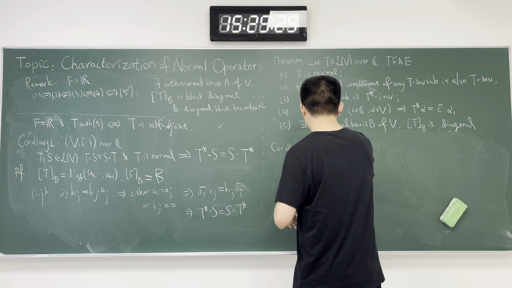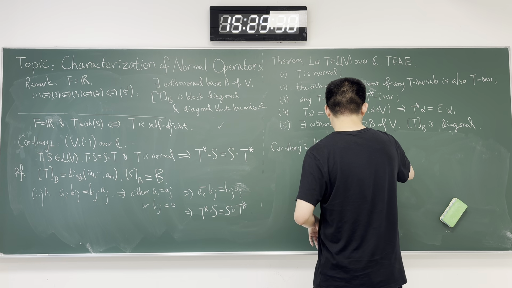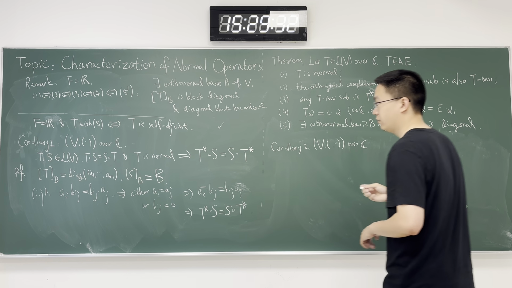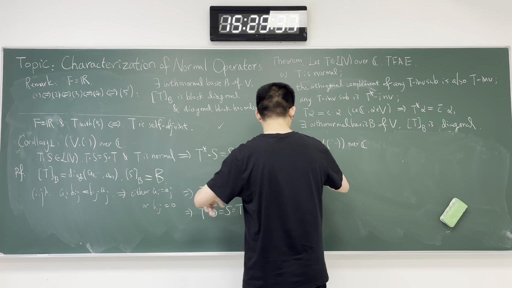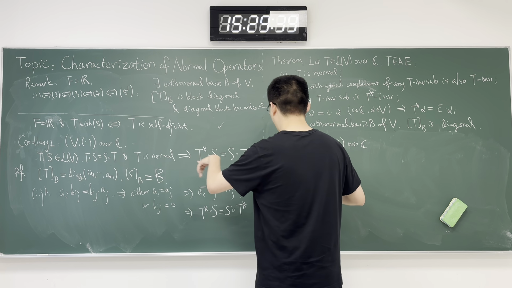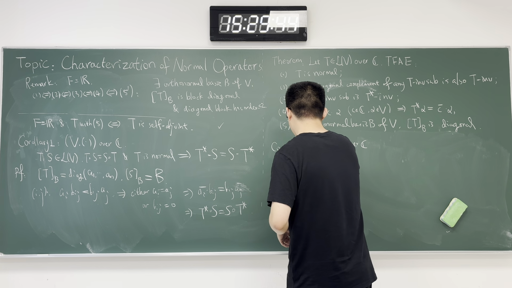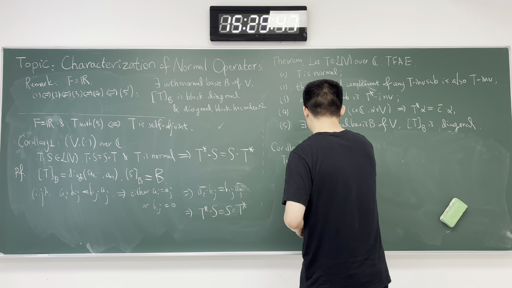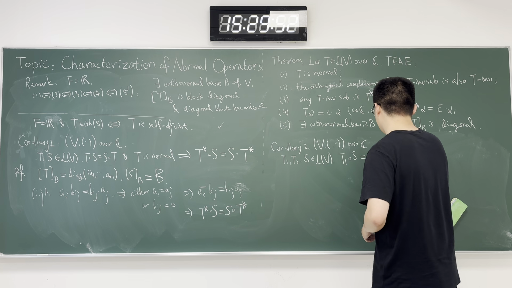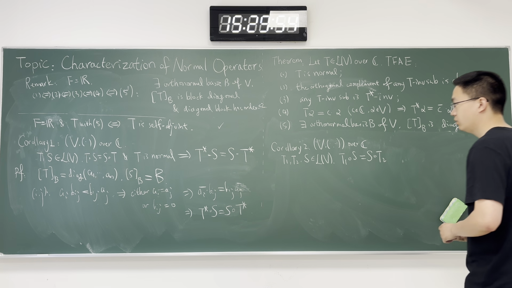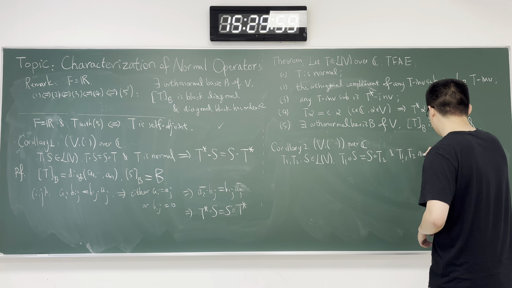Still working in an inner product space over the complex numbers, now the linear operator S not only commutes with T, but intertwines the actions of T1 and T2. It satisfies T1 composed with S equals S composed with T2, and we assume that T1 and T2 are both normal.